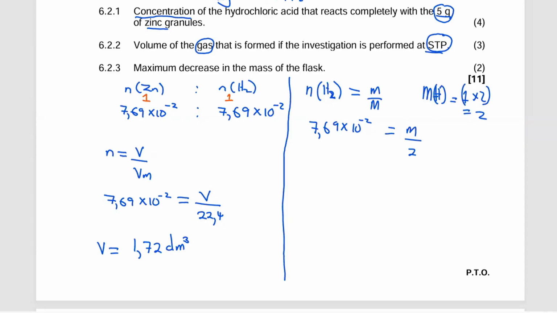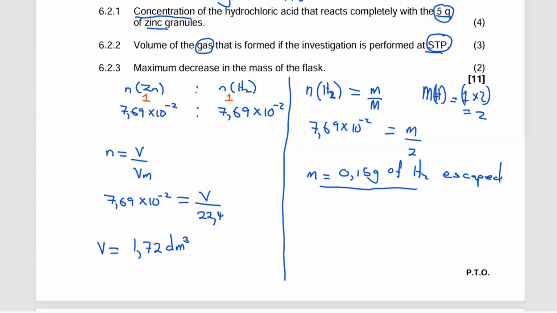If we cross multiply, our m is equivalent to 0.15 grams of H2. This is the mass that escaped the flask, so I can just say escaped.